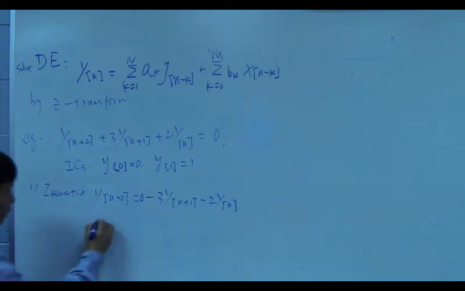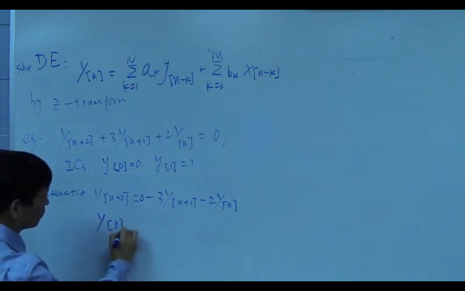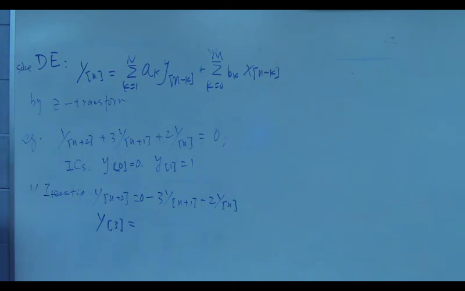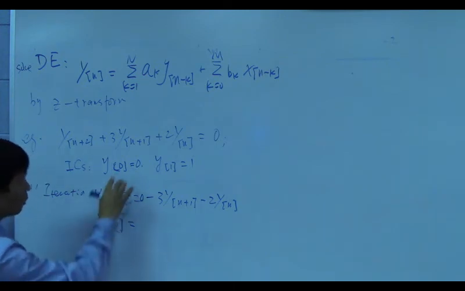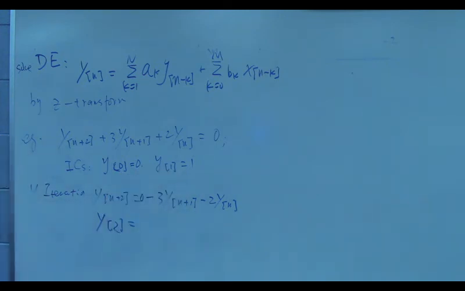So what does that mean? What is y3? Y2. Okay? We know y0, we know y1. So the next one we need to find is y2. What is y2? y2 means this n must be equal to 0, right?